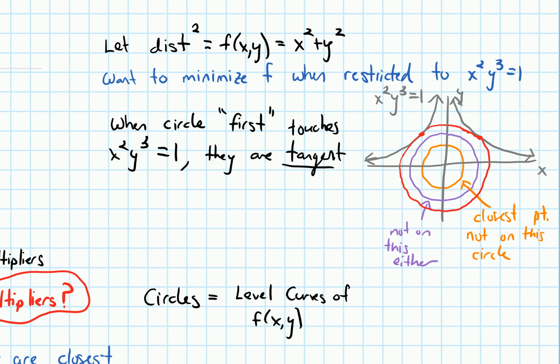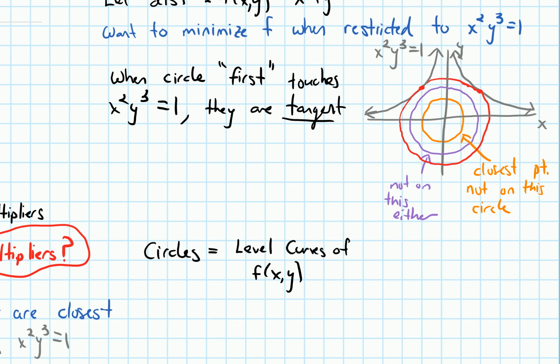And if we start setting x squared plus y squared equal to different values, we get different circles. So these circles are level curves of our multivariable function. Okay, so one of the things that we know when we talk about the gradient of a function is the gradient of f would be normal to the level curves. It's perpendicular to the level curves. So it's normal to the circle.